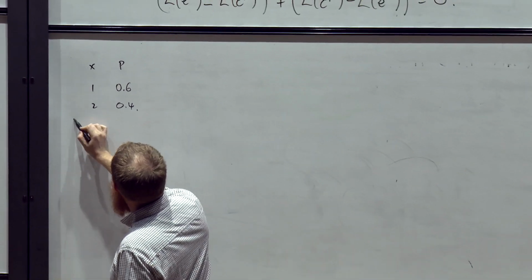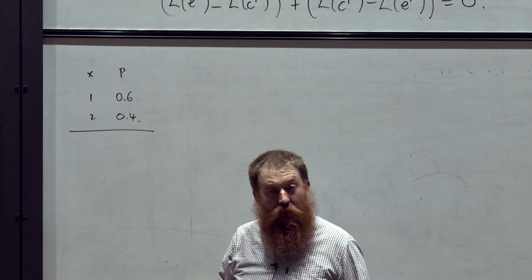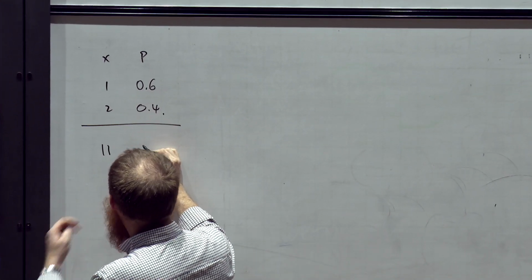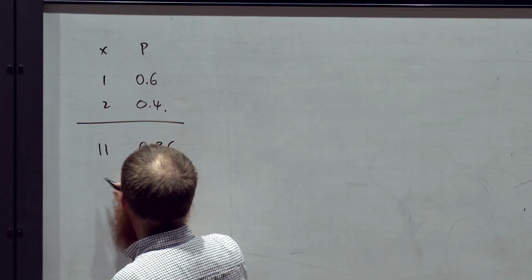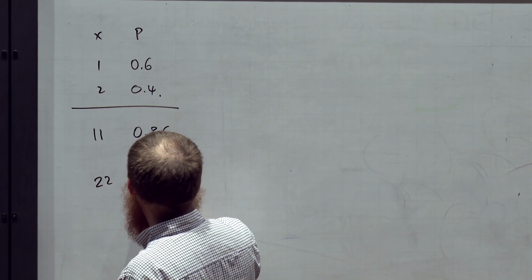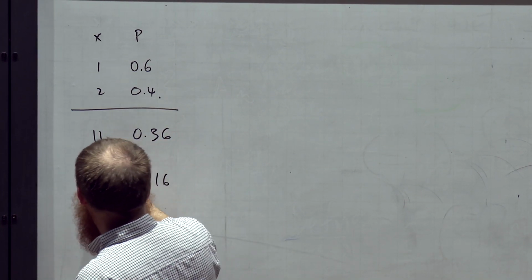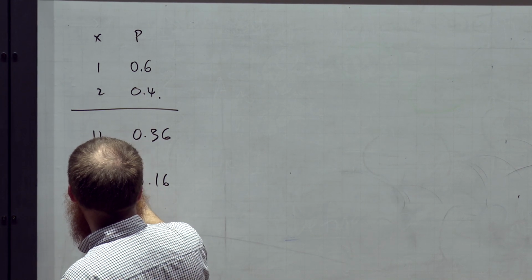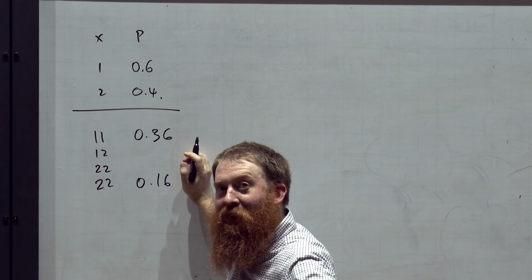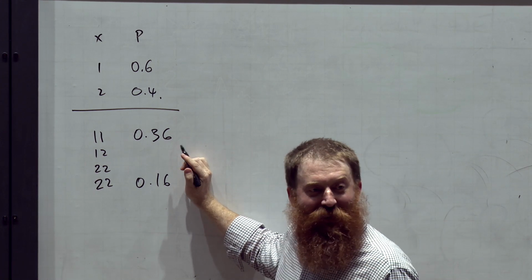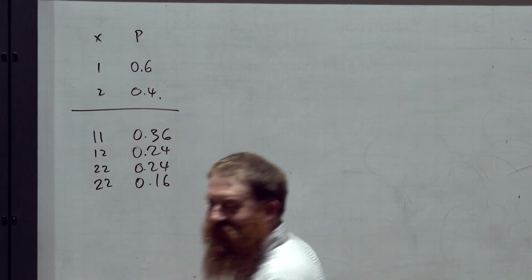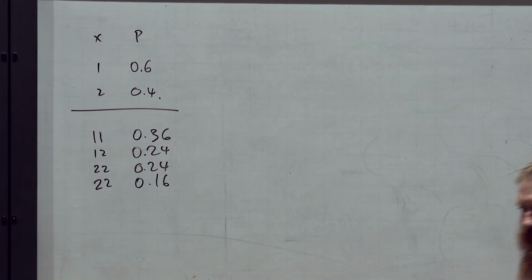Okay, so if I now looked at a block code, I would get the sequences 1, 1 with probability 0.36, 2, 2 with probability 0.16, 1, 2, and 2, 2 with probability 6 times 4. This is bad. What's 6 times 4? 0.24. I never claimed to be able to do arithmetic.